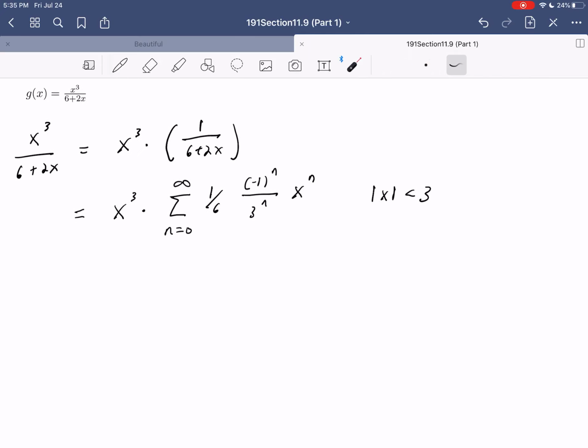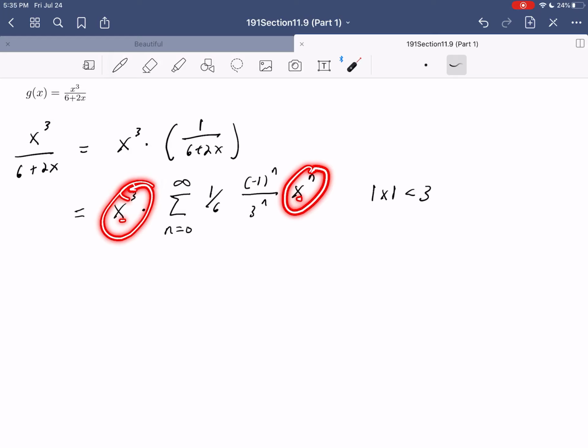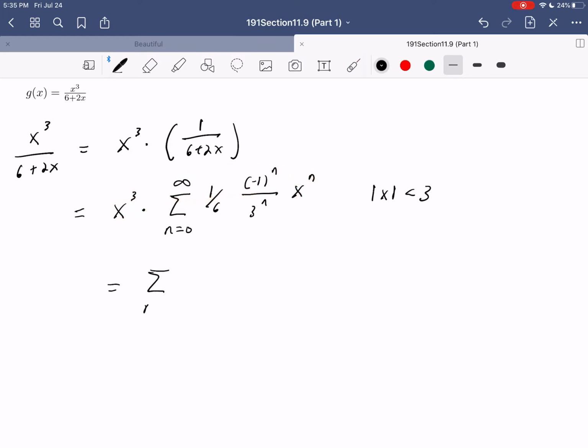Okay, now notice we have this x cubed outside, but we can distribute that in. Multiplication certainly distributes over addition, and this is an infinite addition. And this thing here would mix with this. Since they both have the same base, we would add those exponents, and we would get that this is the summation from n equals 0 to infinity of 1/6 times (-1)^n over 3^n, x^(n+3).